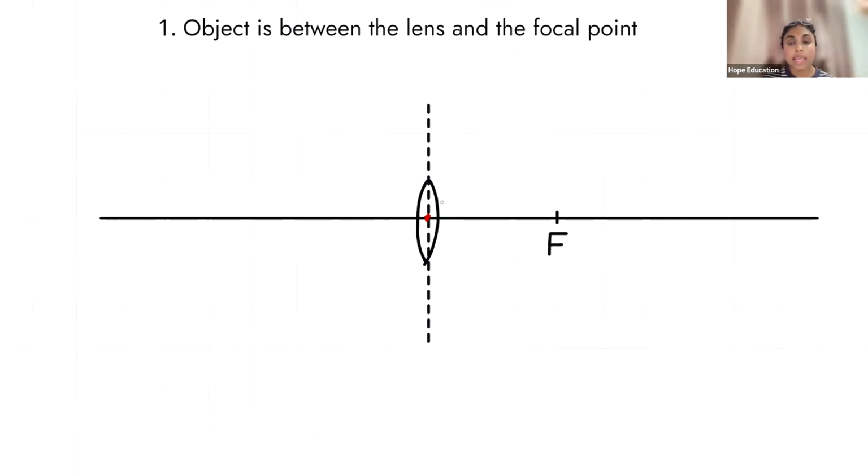Okay. Next, in mirrors we marked the focal point and center of curvature as F and C. In lenses we don't have a C. Instead we take the same distance again, another 3 squares. We call this 2F, which is double the distance of the focal length.